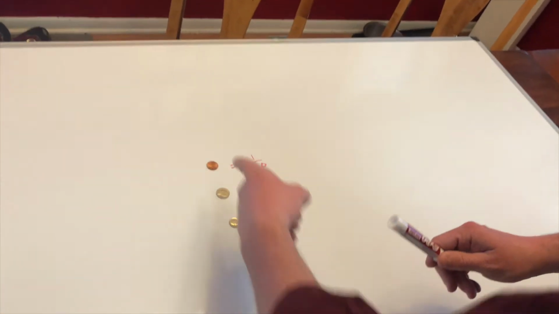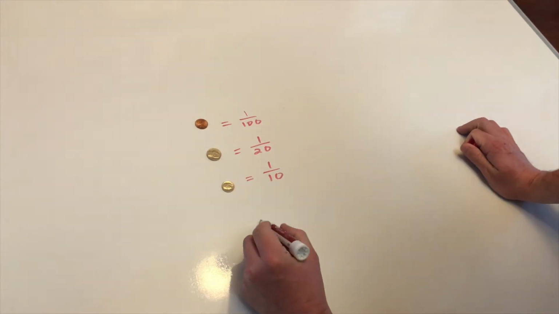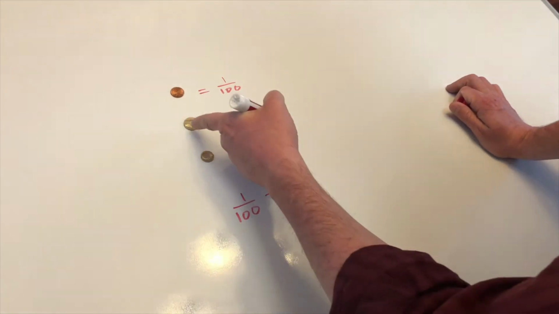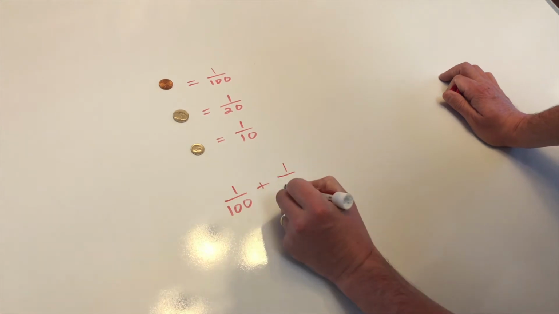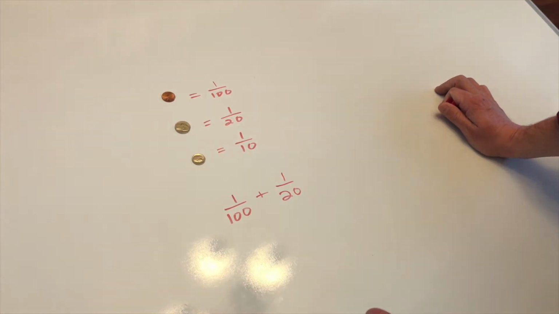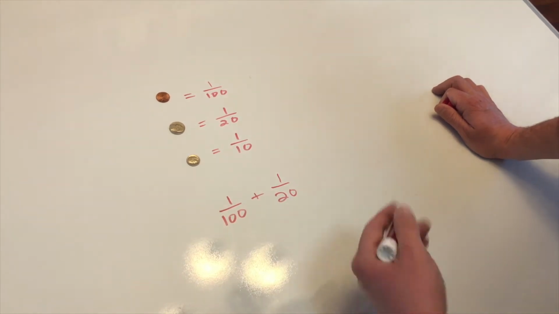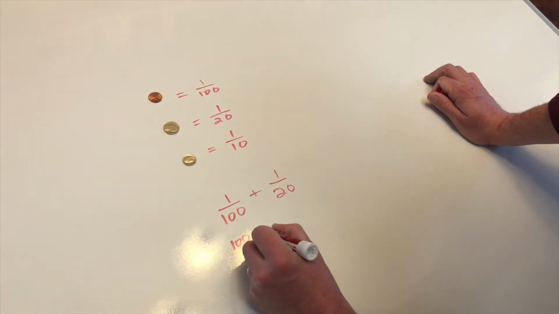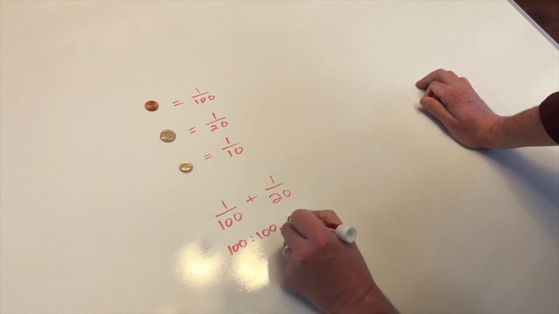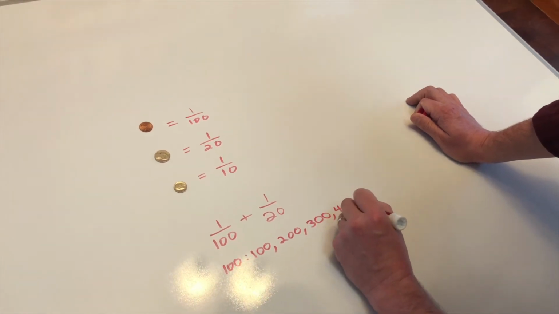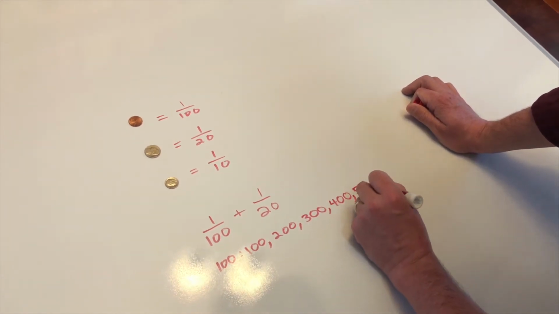So if I were to add a penny, which is 1/100th of a dollar, and a nickel, which is 1/20th of a dollar, I can't add them. The denominators are different. So I take my denominators and find the multiples. 100, 200, 300, 400, and we'll stop at 500.